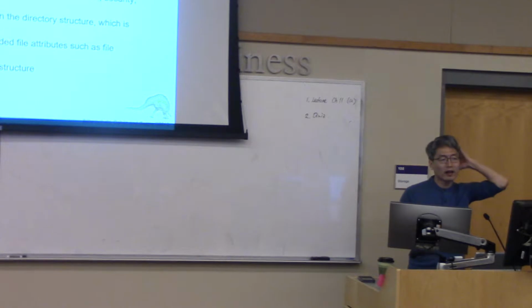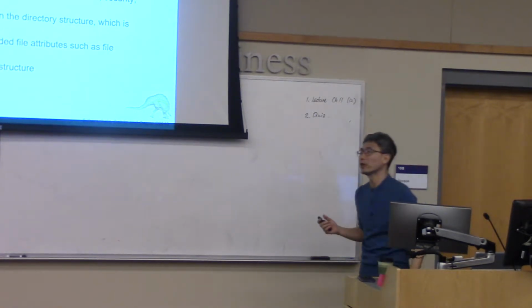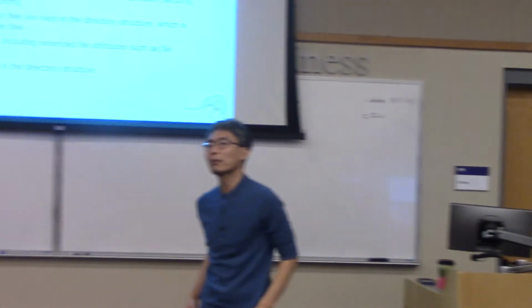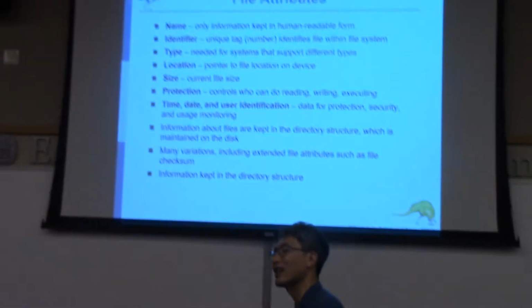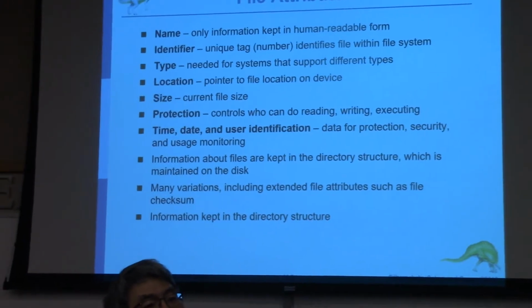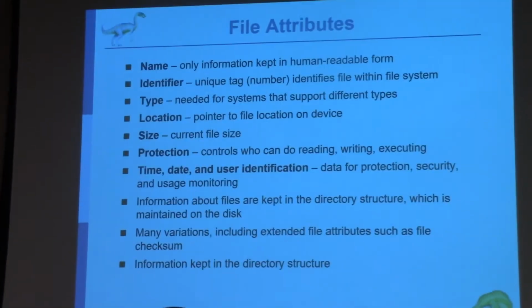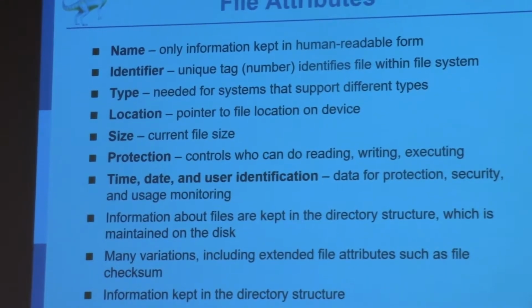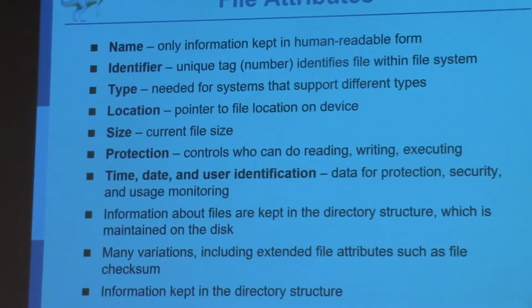Each file, as we discussed before, is a data structure. One of the popular data structures is the class. In the object-oriented concept, how do you start your object-oriented programming?